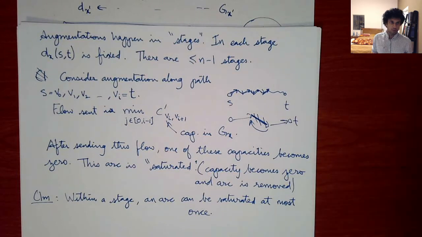How many arcs do you have? How many arcs are there in the graph?